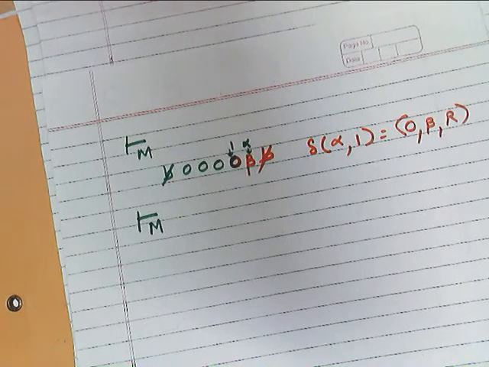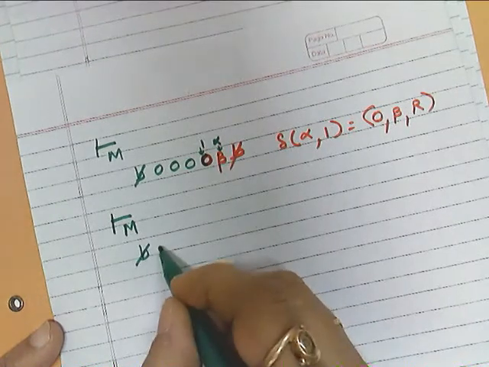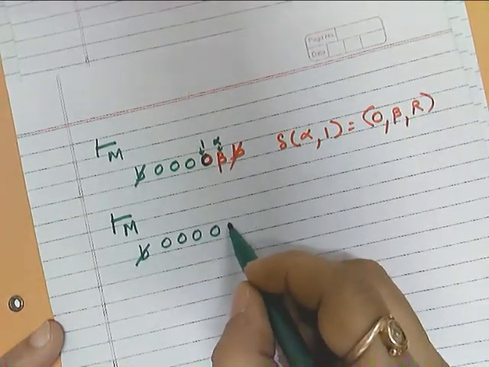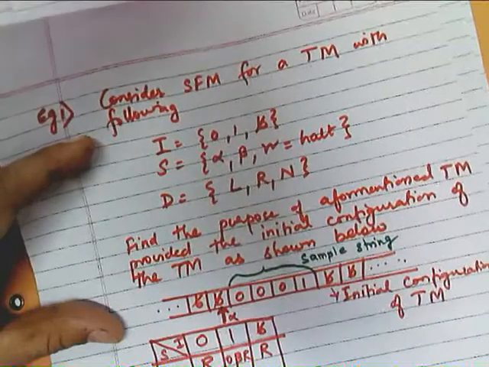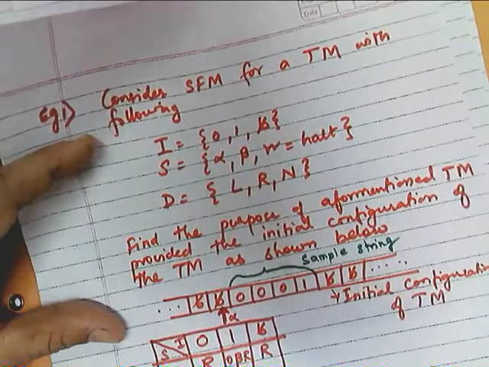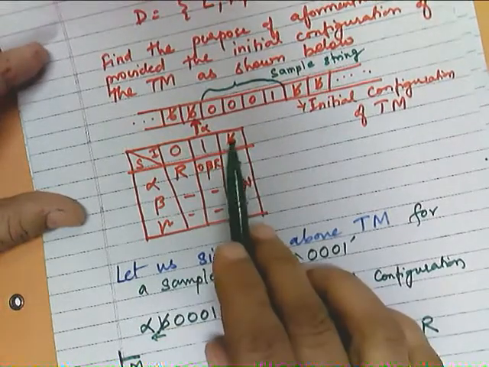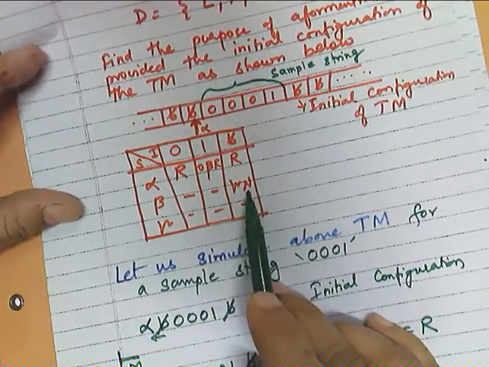So in this, what we will do is, we will write blank 0 0 0 0. Now beta is reading what? Blank. So what is happening when beta is reading blank? See, beta on blank moving to gamma state with no movement.